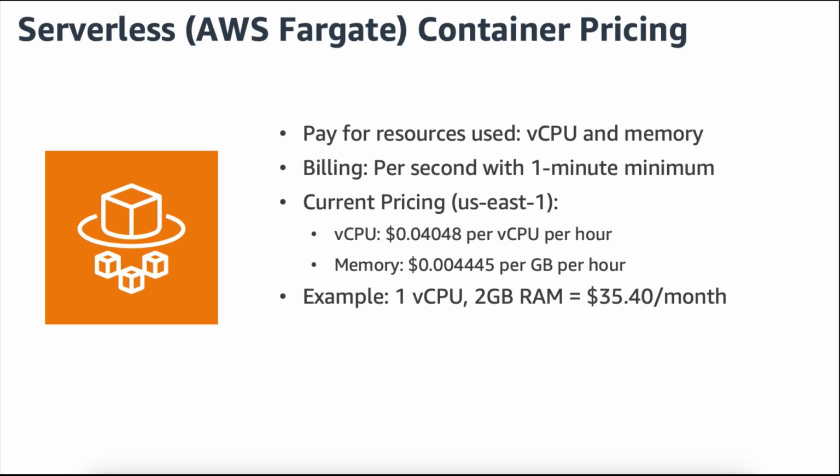In the US East 1 region, you pay 4.048 cents per vCPU per hour and 0.4445 cents per gigabyte of memory per hour. For a typical container with 1 vCPU and 2 gigabytes of RAM running continuously, your monthly cost would be approximately $35.40.